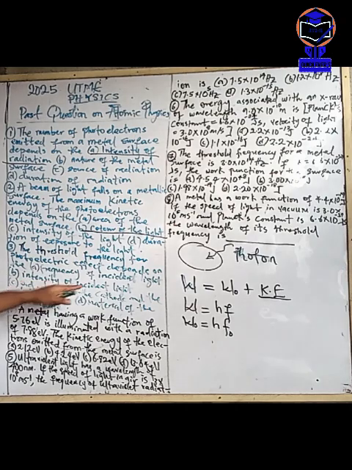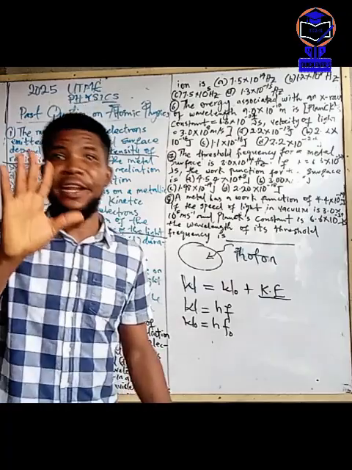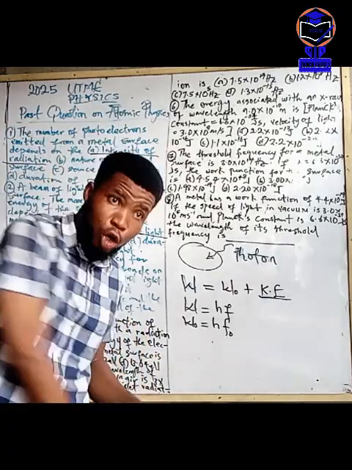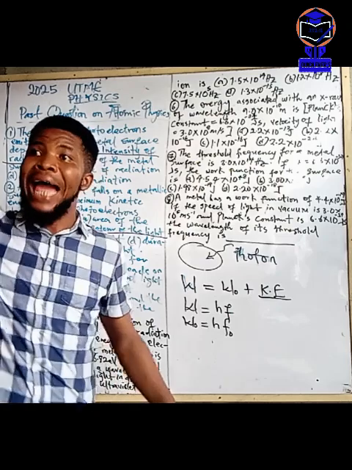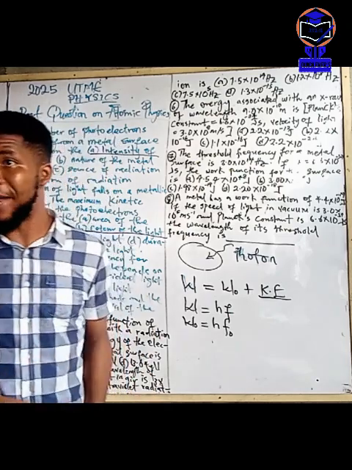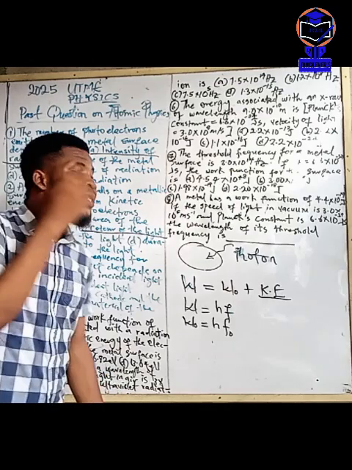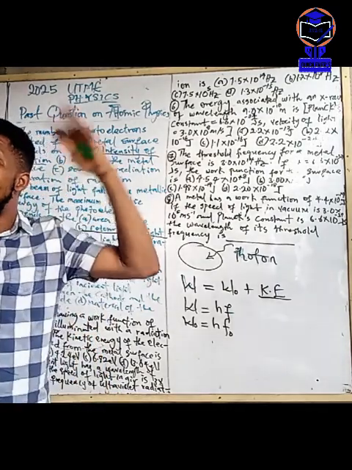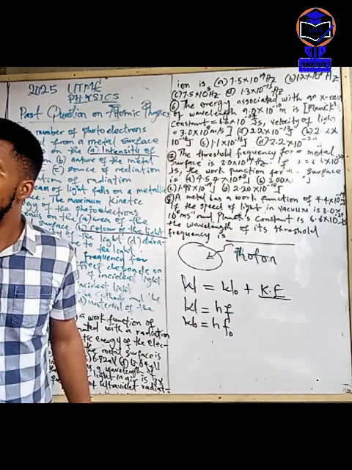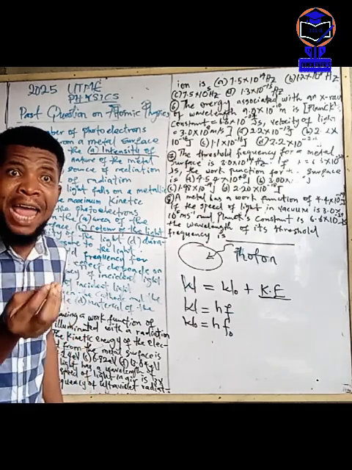Is it the intensity of the incident light? I'm talking about the intensity of incident light. The word incident there means the light that is coming to cause the photoelectric effect. Are you getting me now? That light coming to cause the photoelectric effect, that's what we mean when we say incident, right? Even if you have high intensity or low intensity, it is most likely not to have a high frequency.